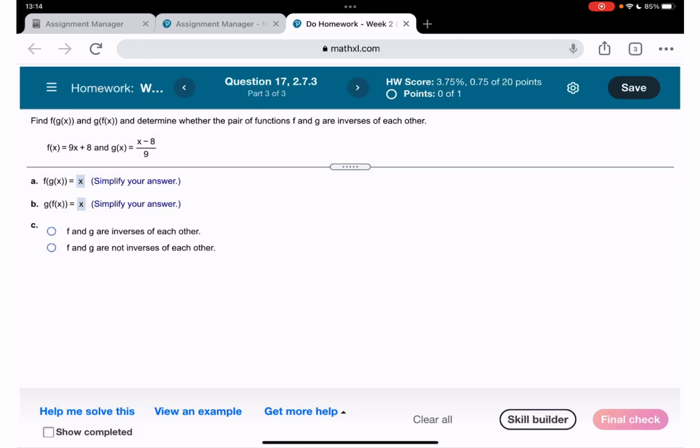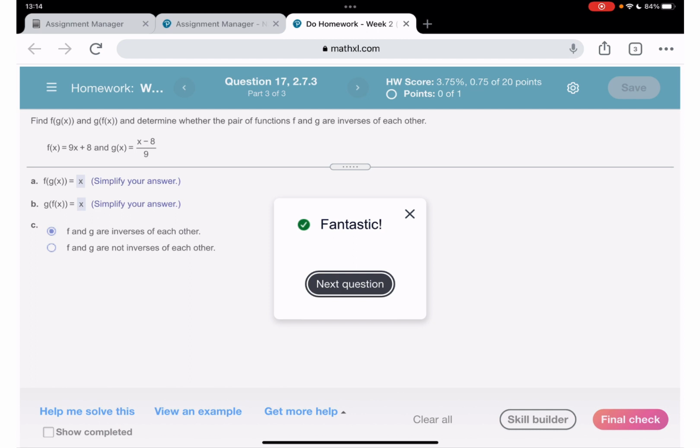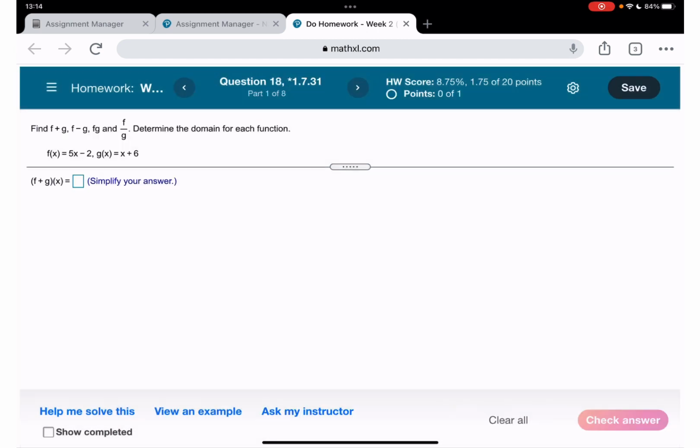Another excellent choice. Now we need to choose whether f and g are inverses or not inverses. Well, we already know they are inverses. Okie dokie.